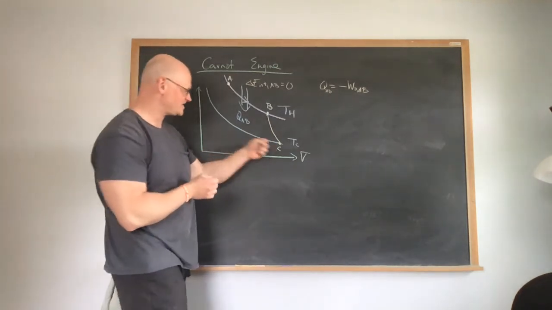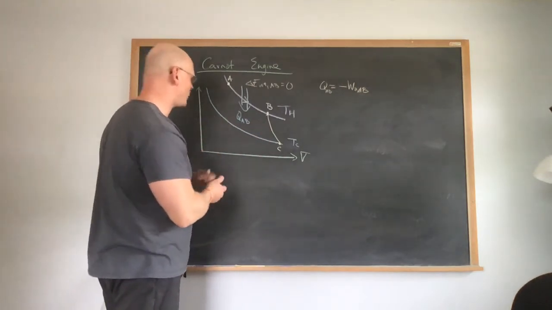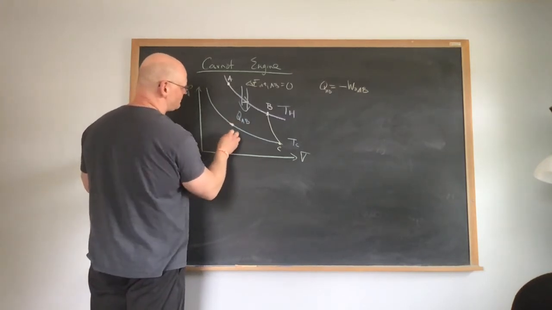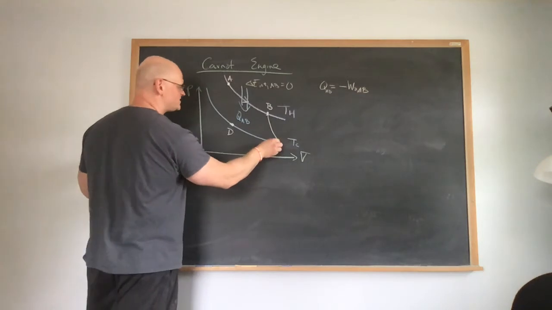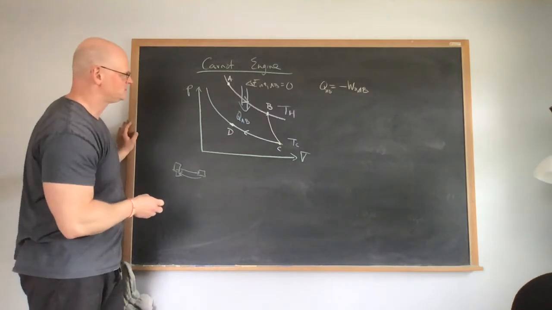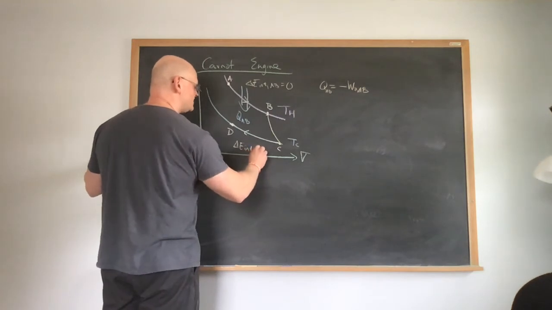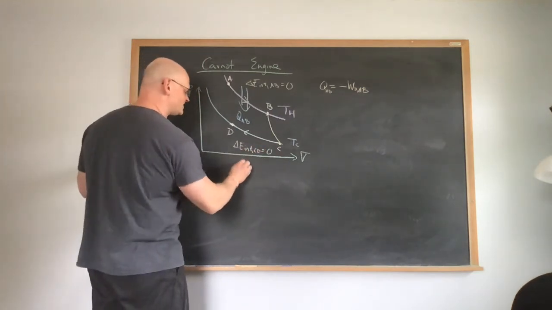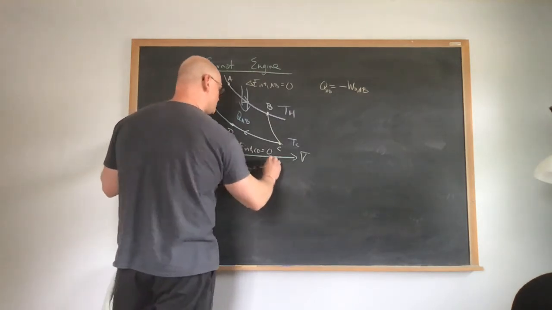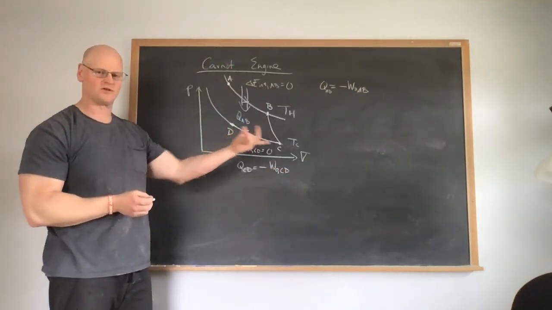Now that we're at point C, we're going to compress our gas along this particular isotherm to some other point, say about here, which is point D. The change in internal energy going from C to D will also be equal to 0, which means the heat from C to D will be equal to minus the work done on the gas going from C to D. But in this case, since the gas is compressing, we're doing work on the gas.